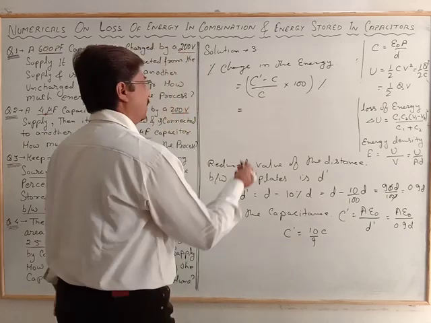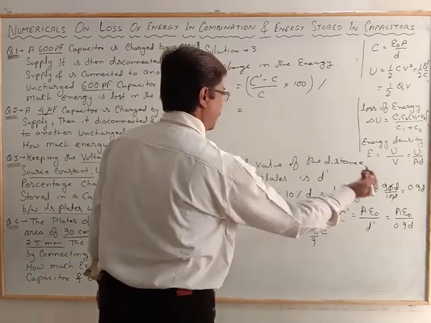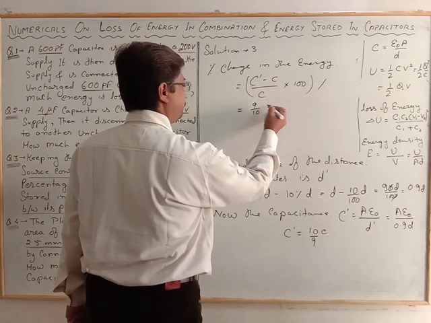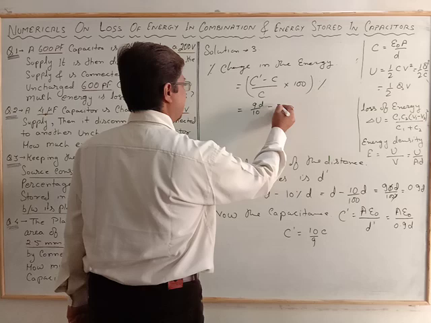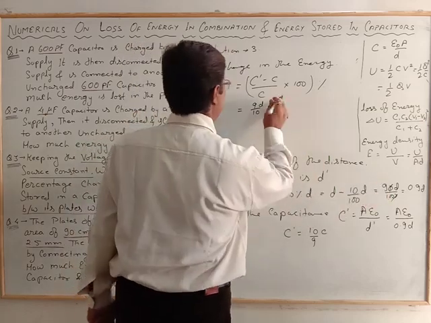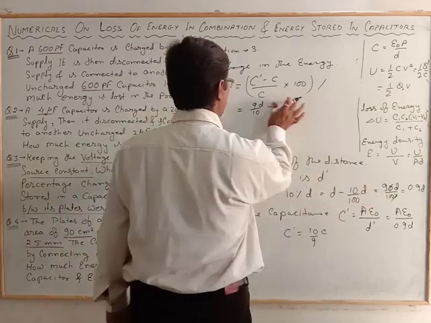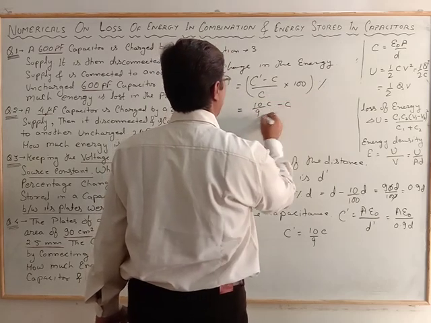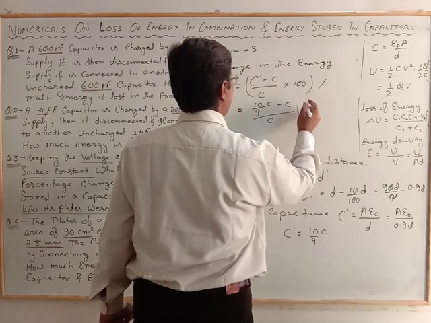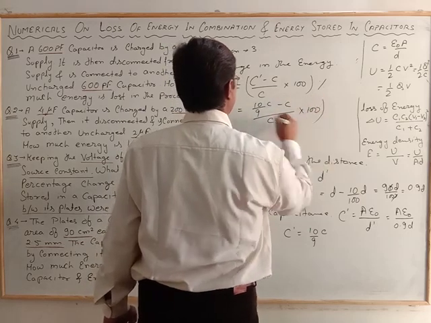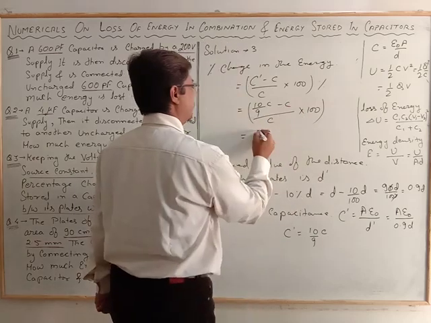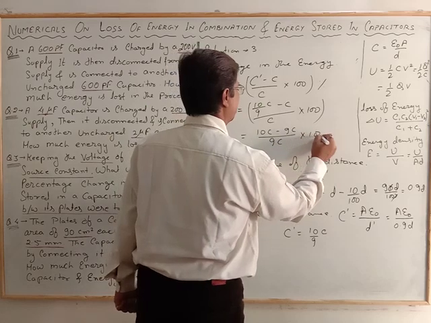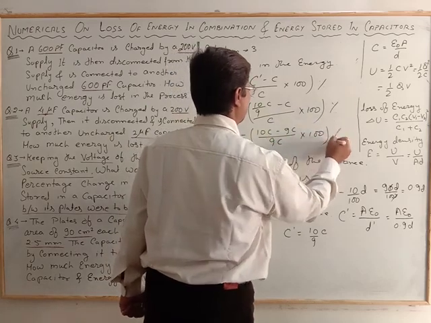You have the relation C dash is equal to 9 by 10 D, so the capacitance is 10 by 9 C minus C by C into 100, or you may write it as 10 C minus 9 C by 9 C into 100. That much is the percent.